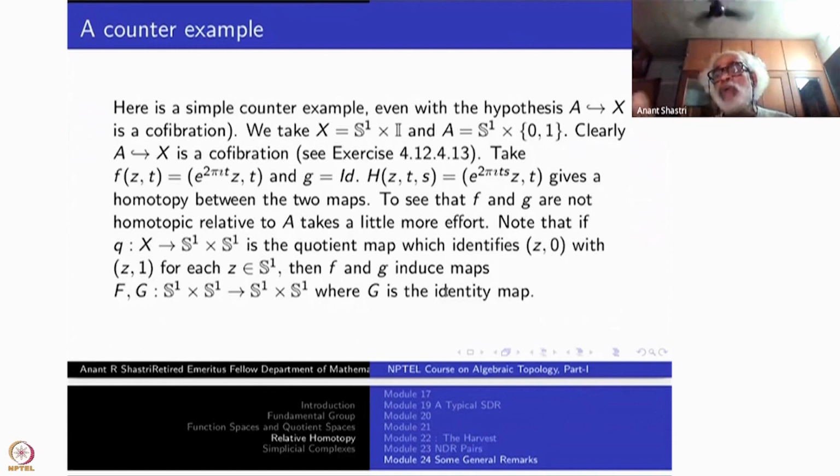So somehow you have to distinguish these two phenomena, and this can be distinguished by looking at the fundamental group.